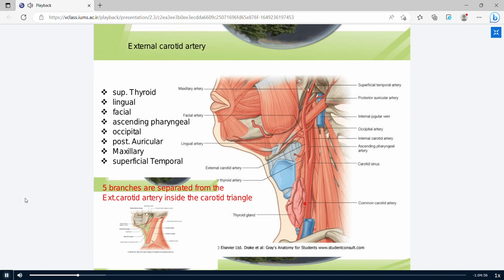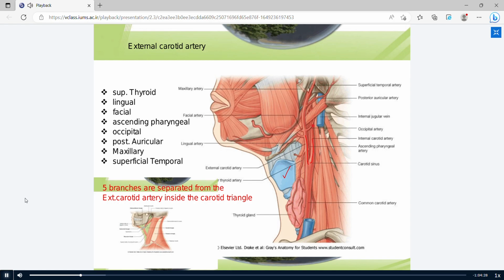The common carotid artery goes upward, and near the superior part of the thyroid cartilage, this is the thyroid cartilage, it is divided into internal and external carotid artery.